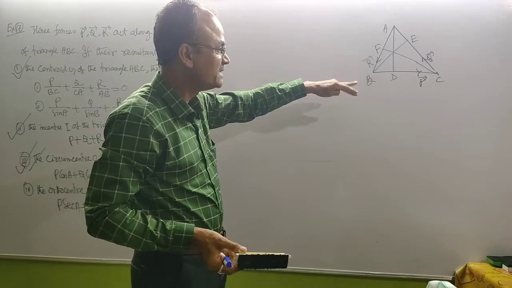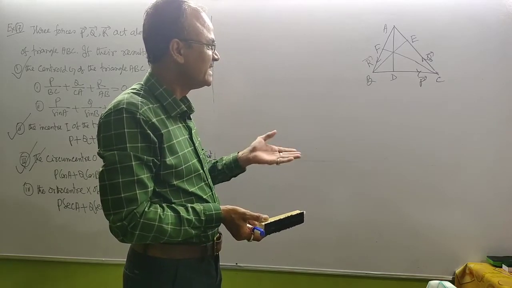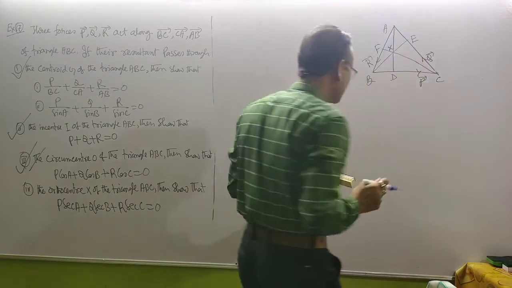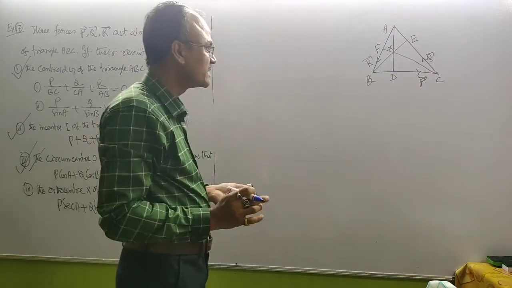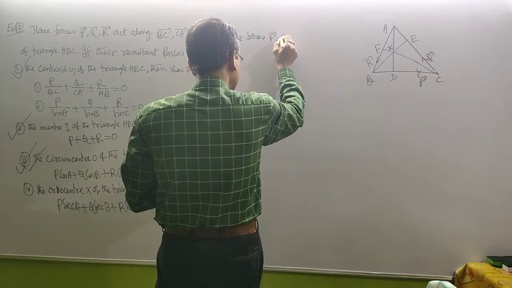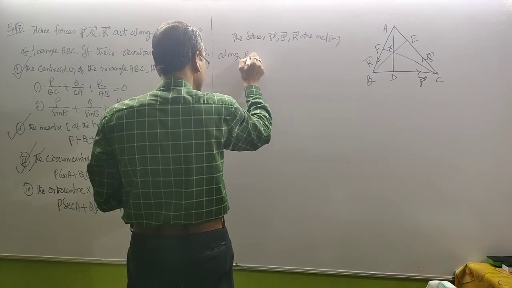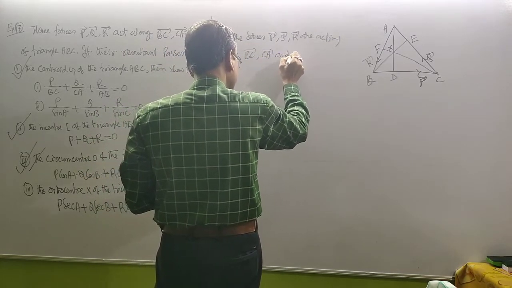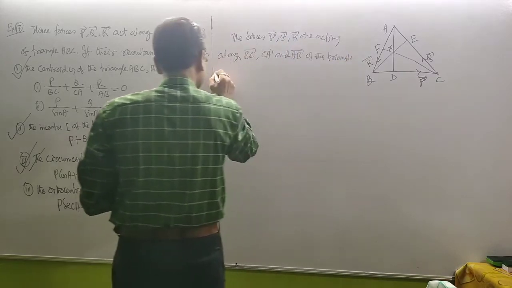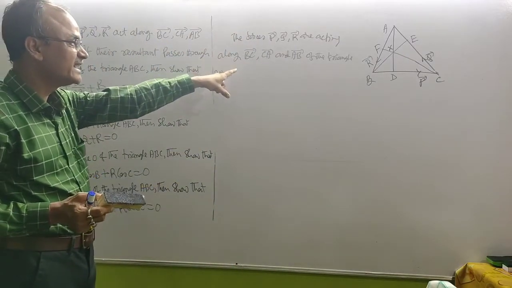Draw perpendiculars AD, BE, and they meet at the point X. By definition, X is the orthocenter of the triangle. The resultant passes through the orthocenter.